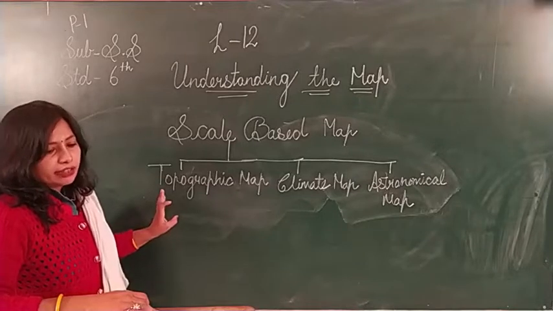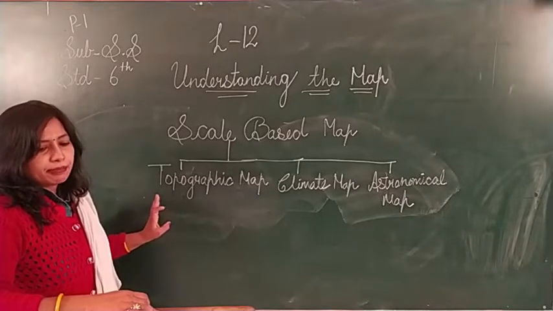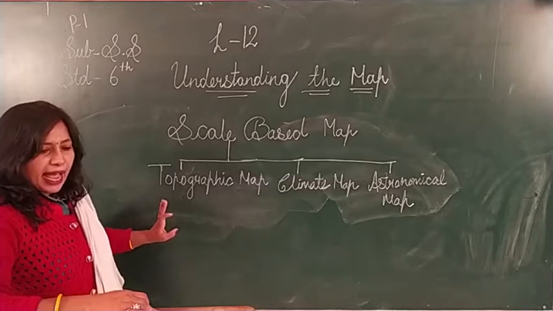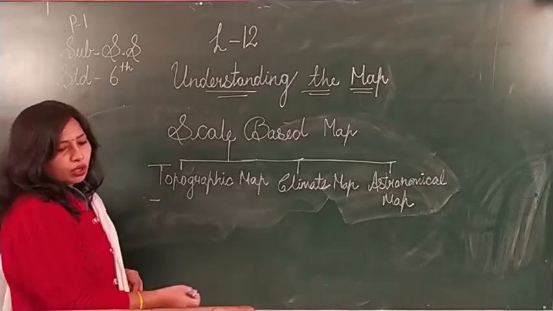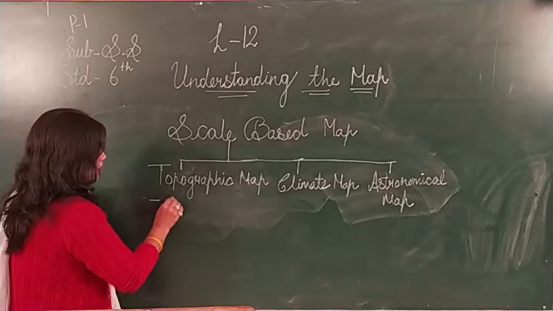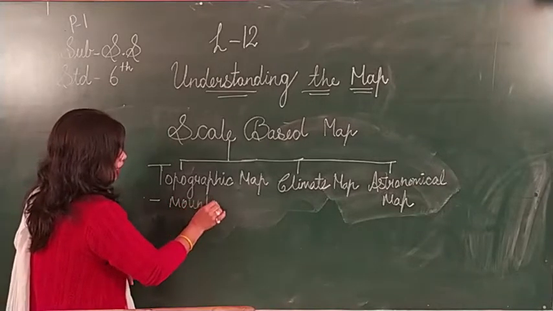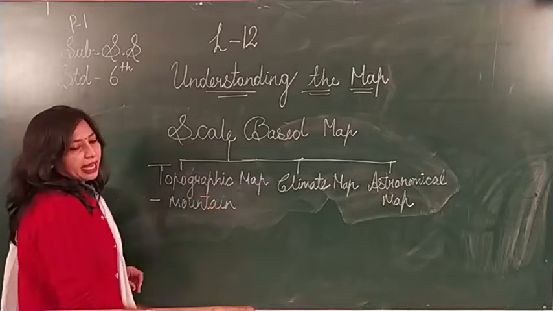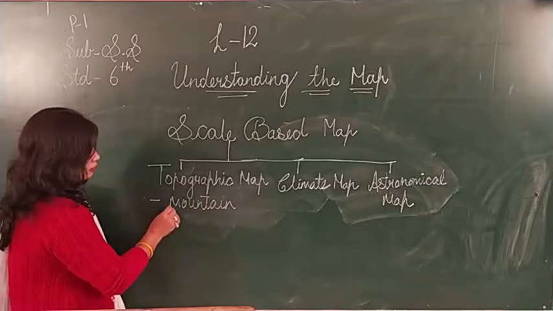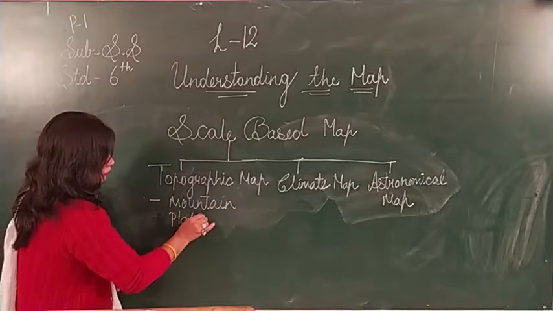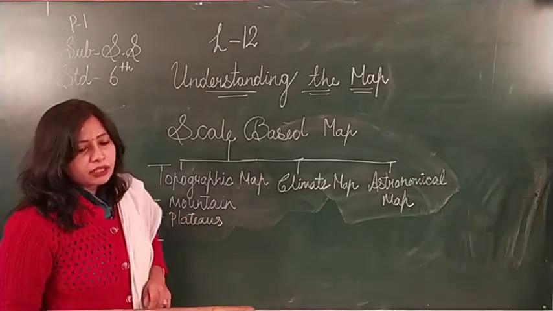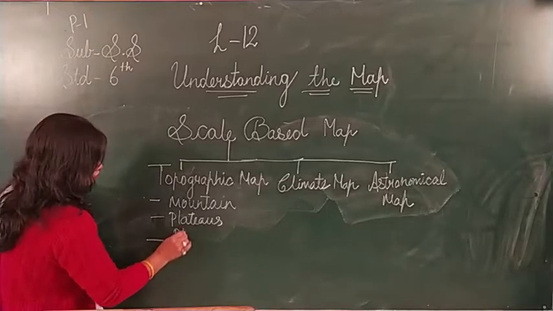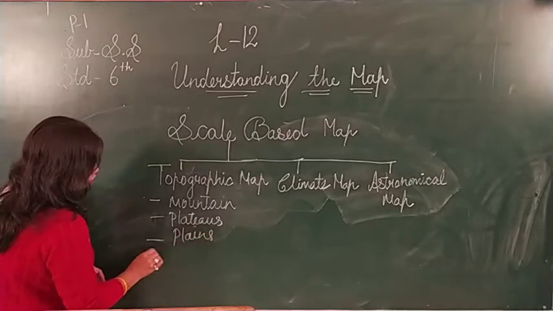The topographic map contains the landscape, like mountains, plateaus, plains, waterways, etc. In a topographic map, what will it show? It will show the landscape. You will get information about mountains, then plateaus, and plains, waterways.